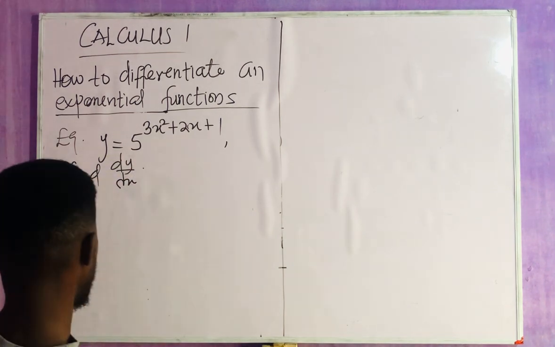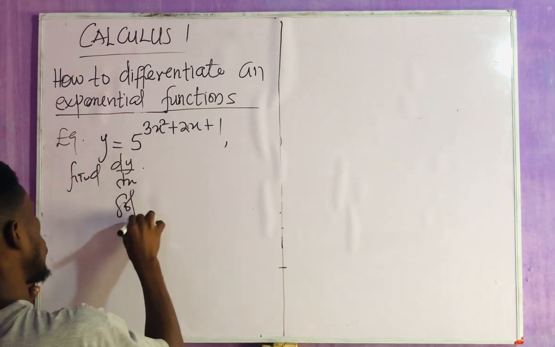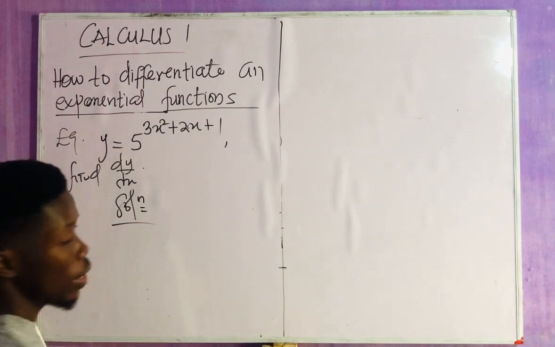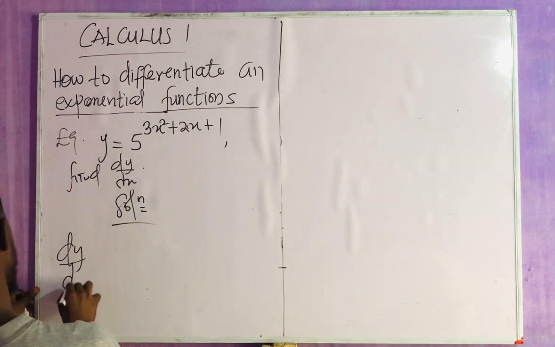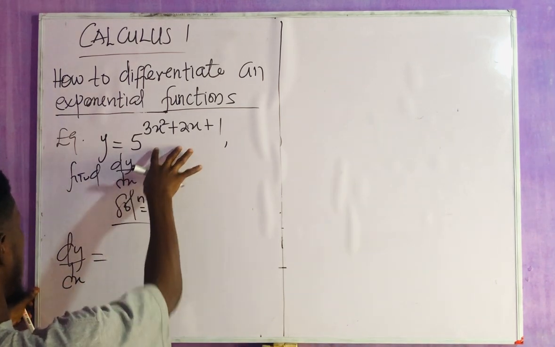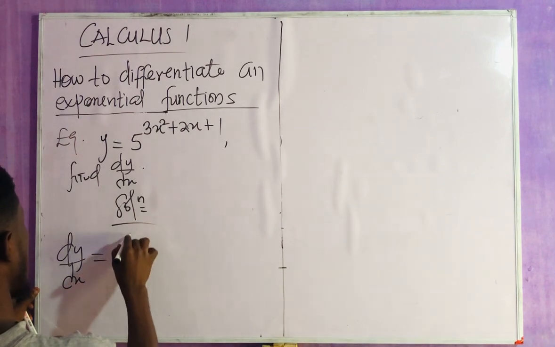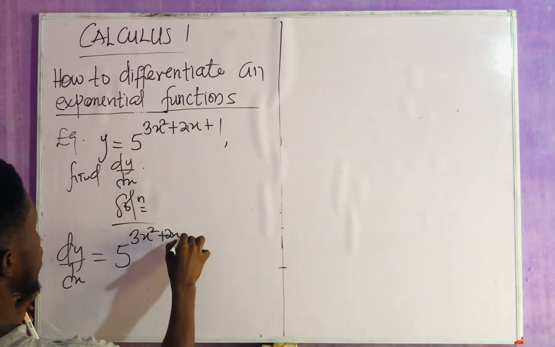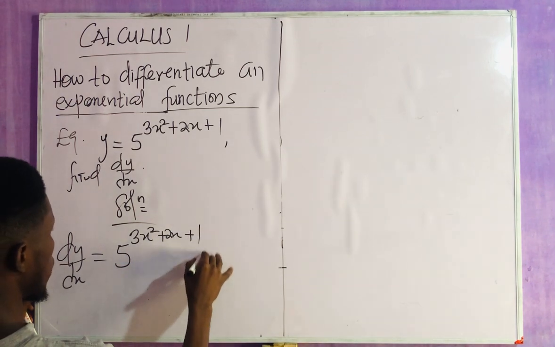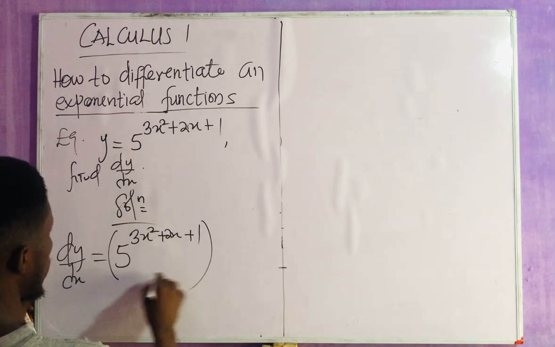So you want to differentiate this. First, I'm going with the straight way method. So I have my dy dx because I maintain the whole function, which is 5 to the power 3x squared plus 2x plus 1. So I've maintained the whole function.